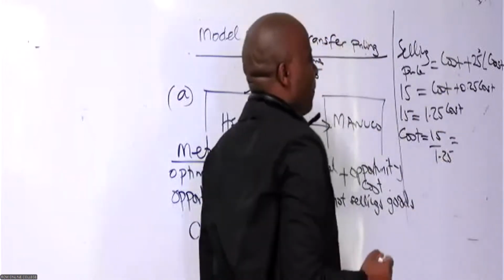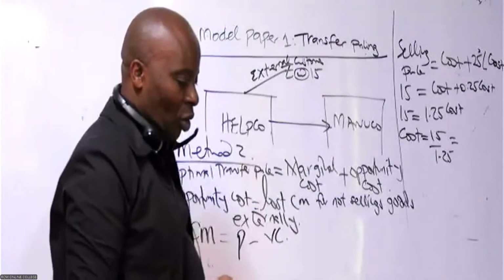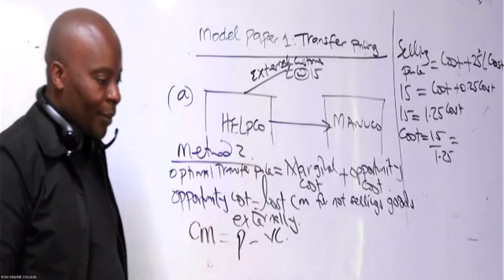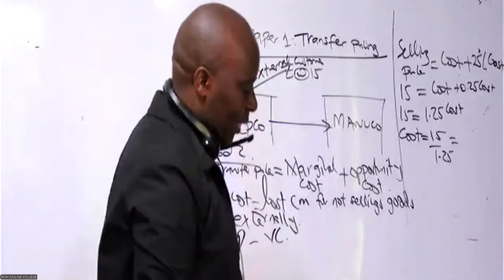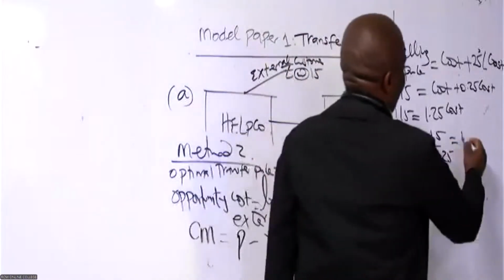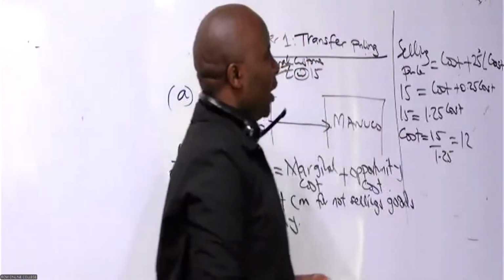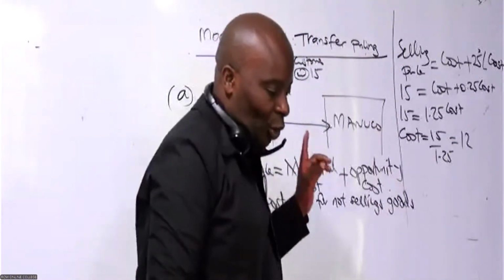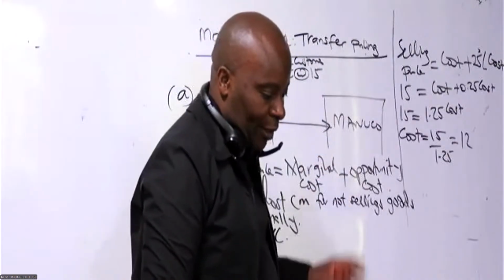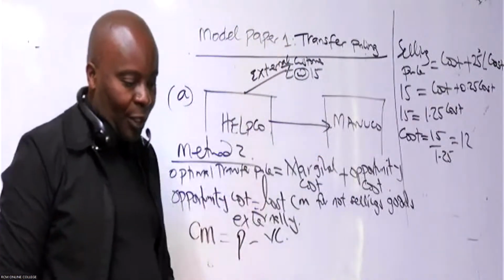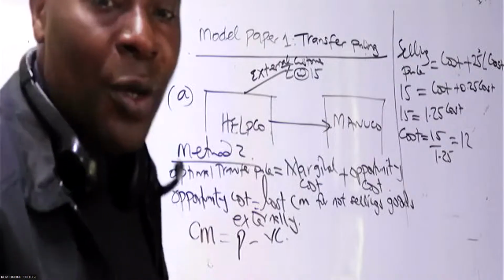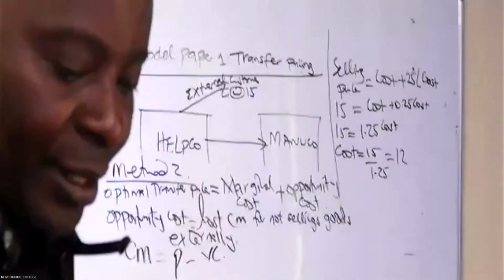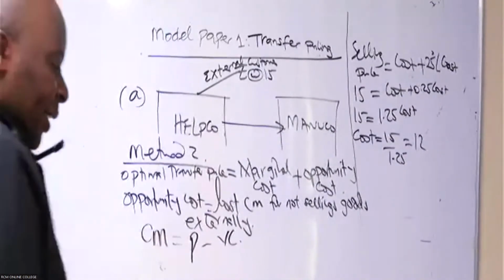Is there somebody who is able to give me the cost here? 12. So remember, selling price is cost plus 25% of the cost.